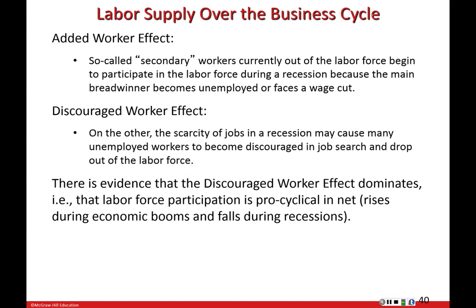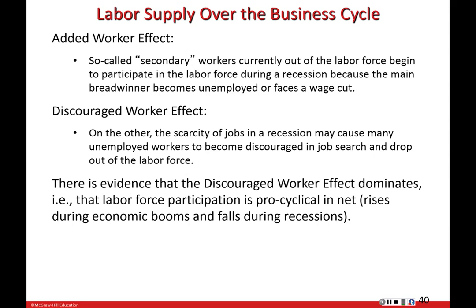So let's say you have a father who loses his job. His teenage sons may decide to work to supplement the dwindling family income. So this suggests that in a recession, the labor force participation increases because these two teenage sons who weren't previously in the labor force now enter the labor force.